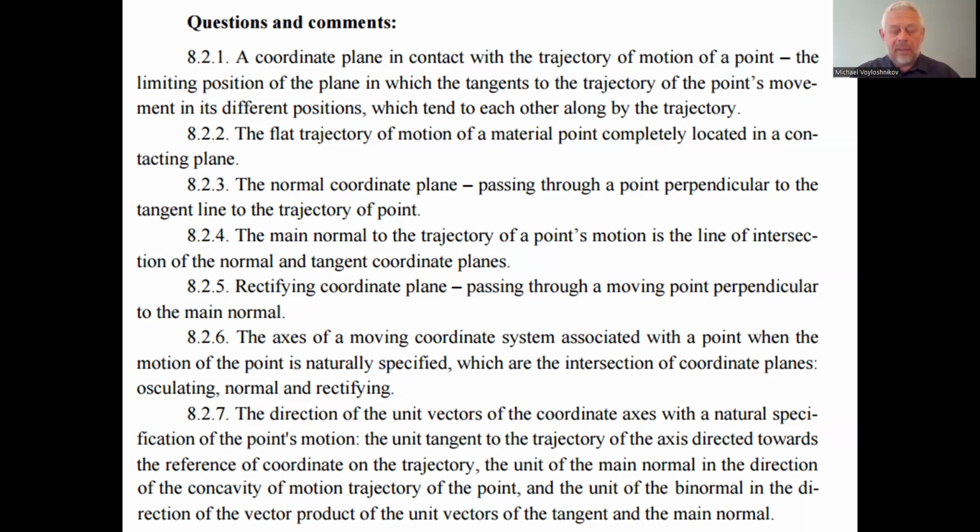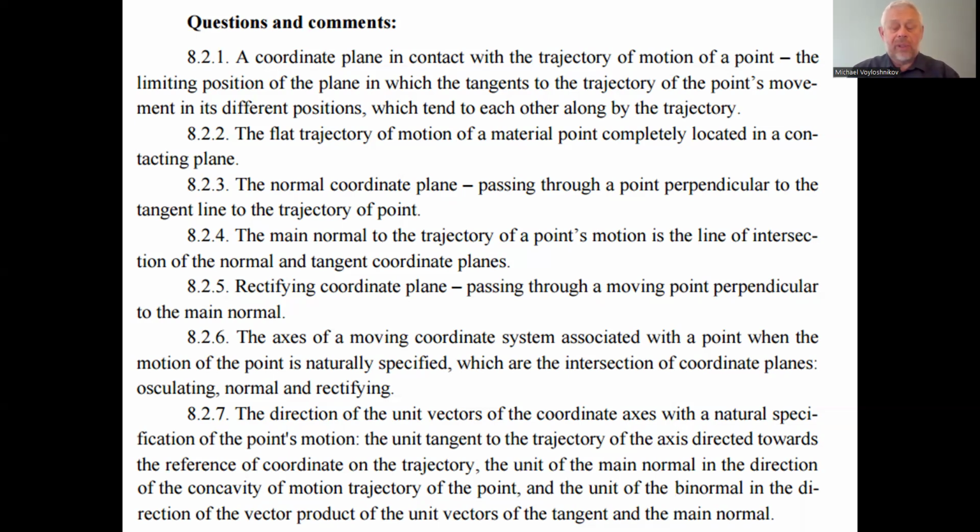It is the line of the intersection of the normal plane, perpendicular to the tangential axis at the point considered M, with the so-called rectifying coordinate plane, or straightening coordinate plane.